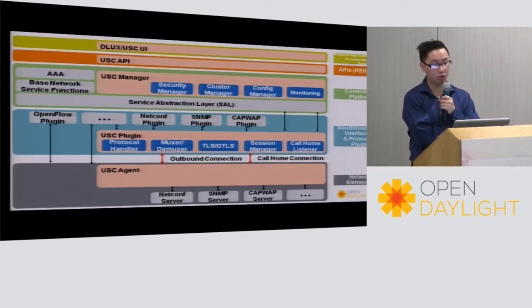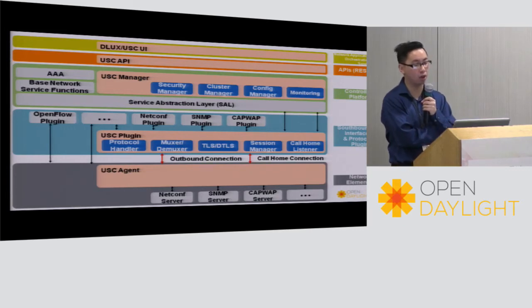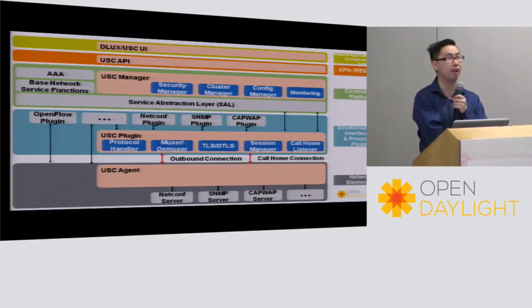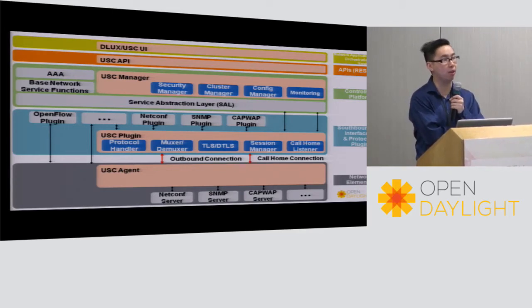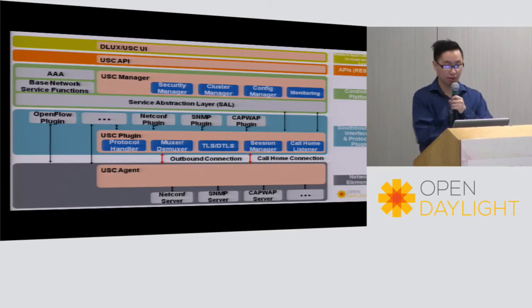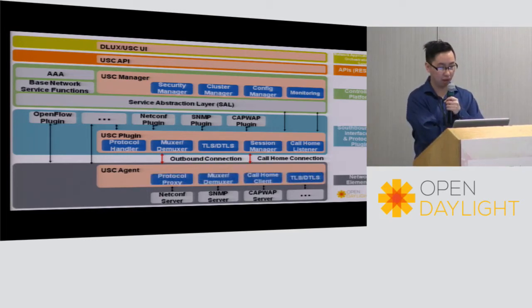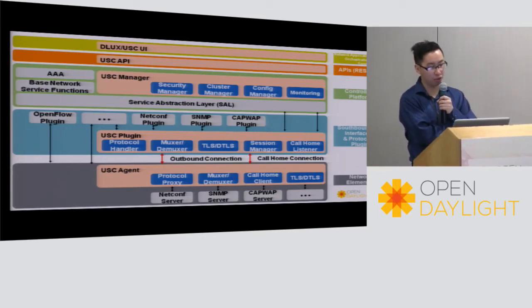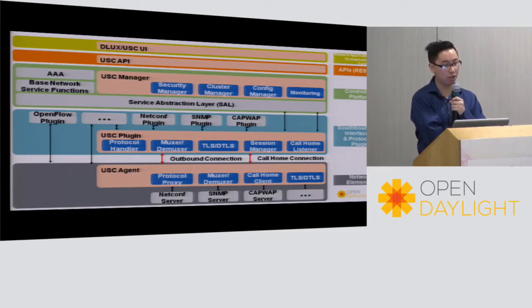The USC plugin also has a call home listener, used for environments where your devices are behind some sort of NAT or firewall and you may need a call home. On the USC agent side, we have the protocol proxy, the corresponding muxer demuxer, and the USC agent also acts as a call home client to initiate the connection with the controller side.